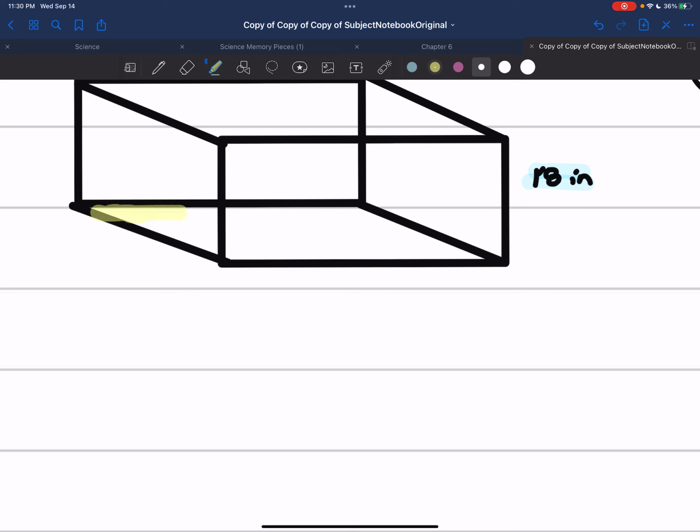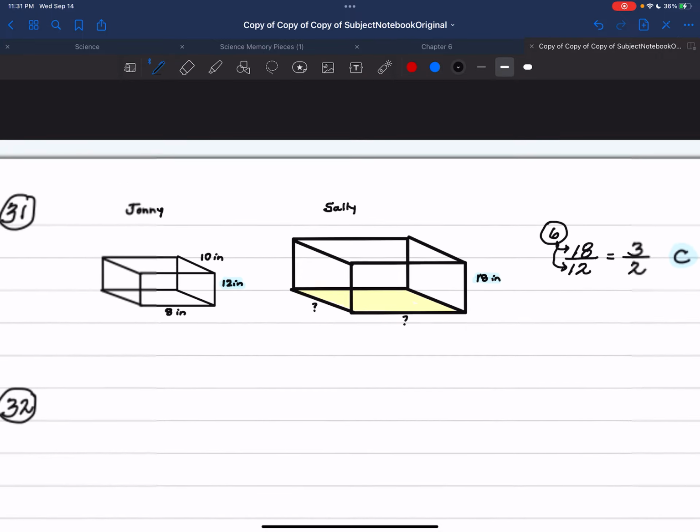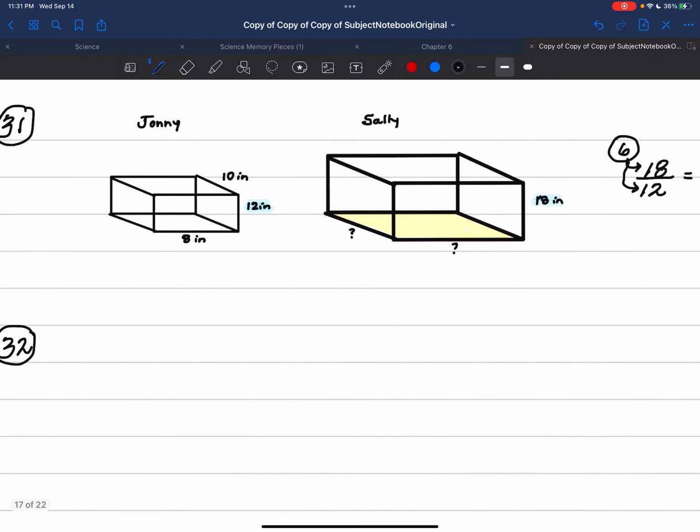So I'm looking for the area of this part of her tank. Remember, that was a rectangle. This is a rectangular prism. So I need to know the length and the width in order to find that. The 18 has nothing to do with this particular problem. But we do have the scale factor.